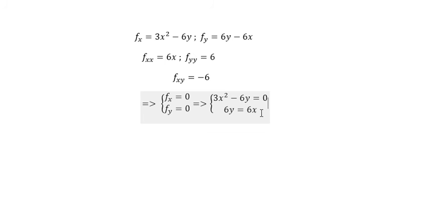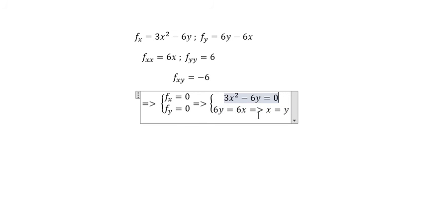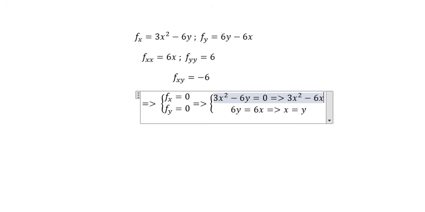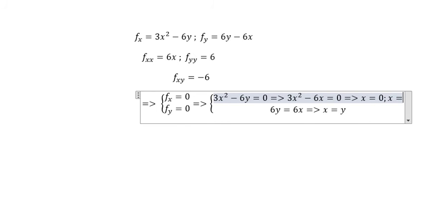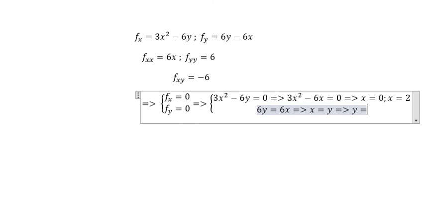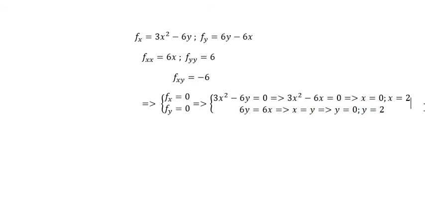Now we have x equal to y. So in here we have 3x squared minus 6x equals 0, and we can find two solutions: x equals 0 and x equals 2, so that we have y equals 0 and y equals 2, and we have 2 points in here.